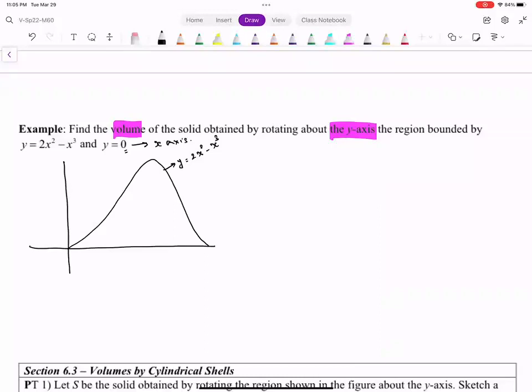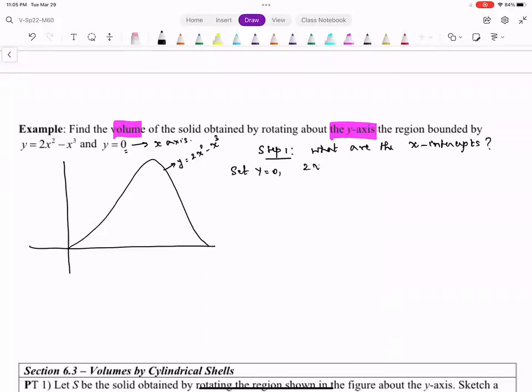So we need the lower bound and upper bound for the interval. Step 1 is to find the points of intersection, the x-intercepts. The x-intercepts are found by setting y equal to 0.